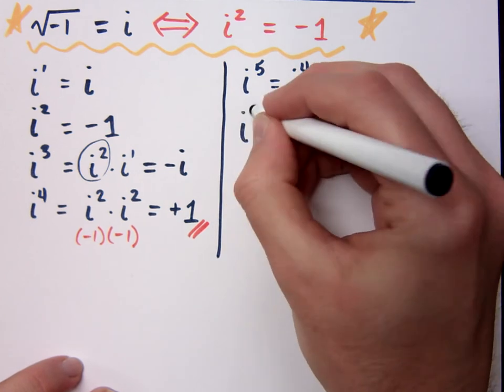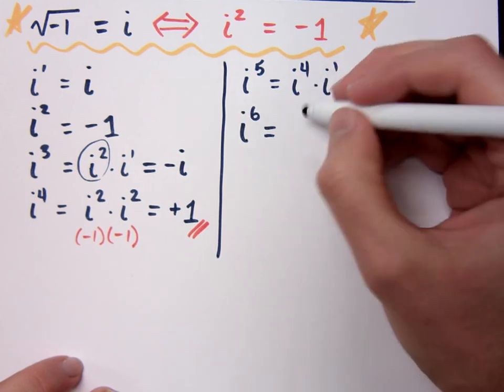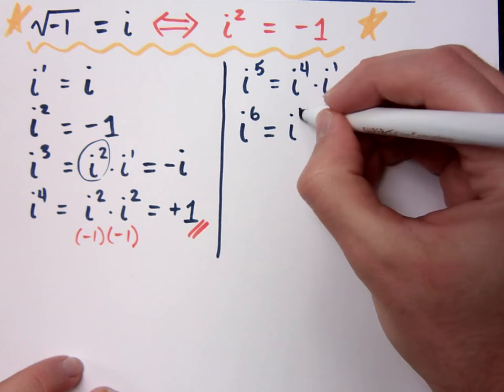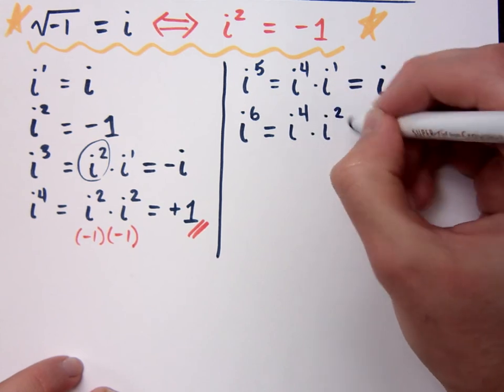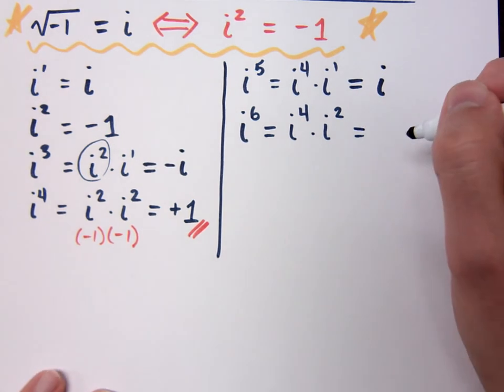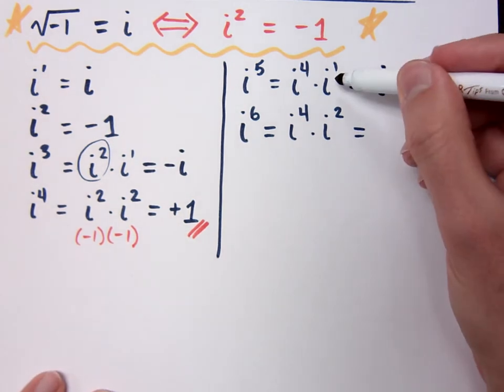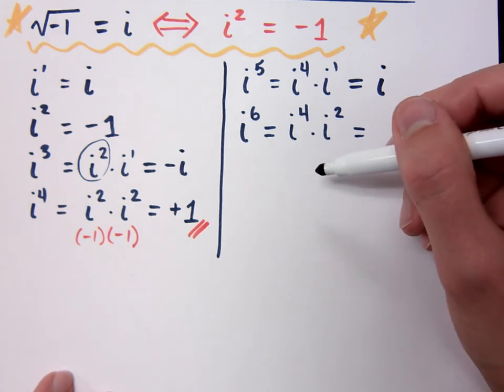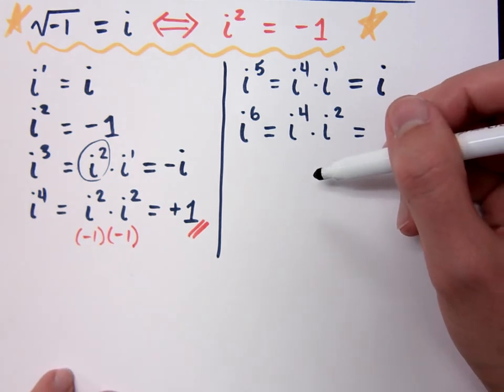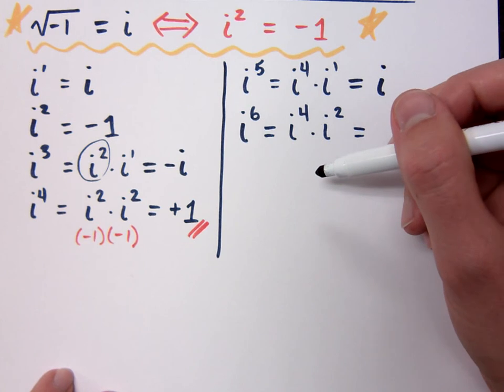If I look at i to the sixth, how would I break that down? I could use i to the third and i squared to break this down, but it's not useful. i to the fourth is useful because what does i to the fourth equal? 1. Finding a factor of 1 is great.